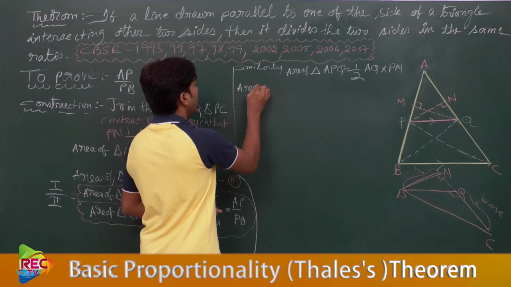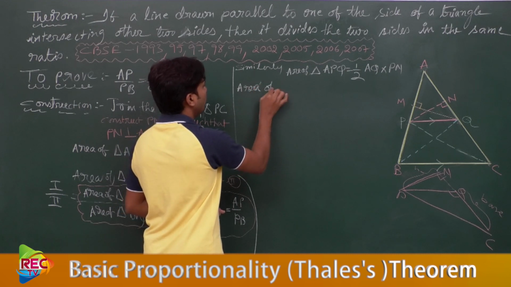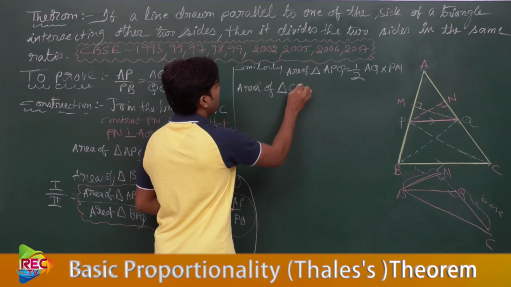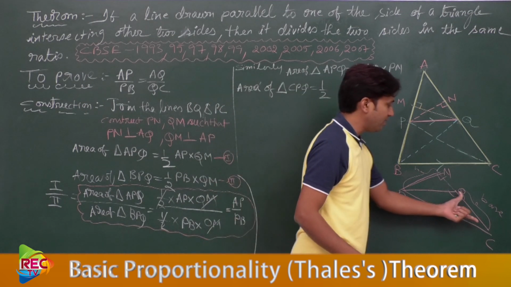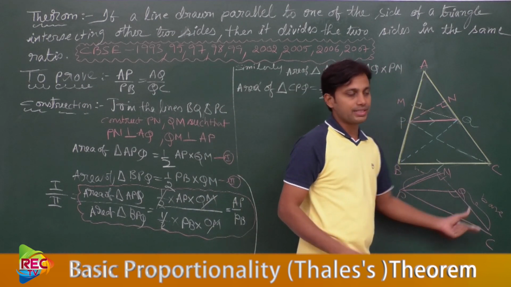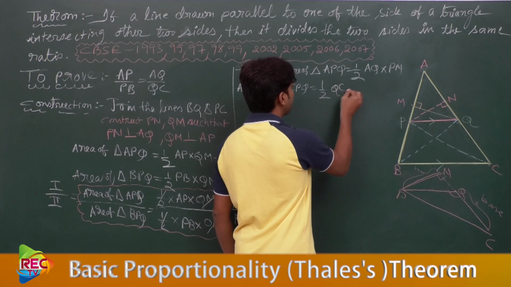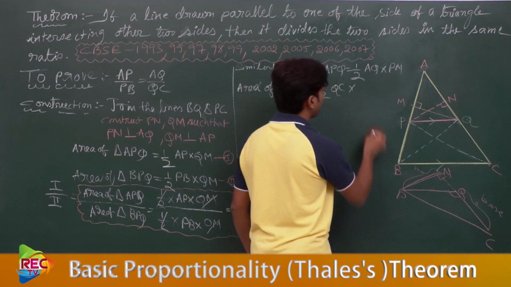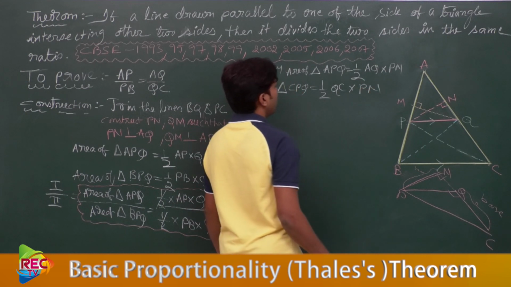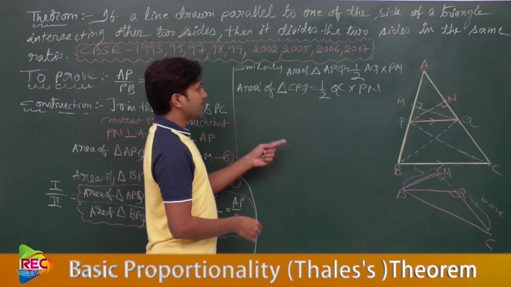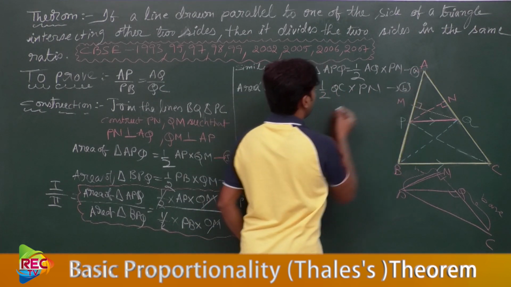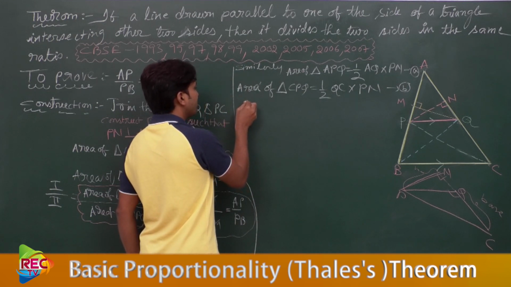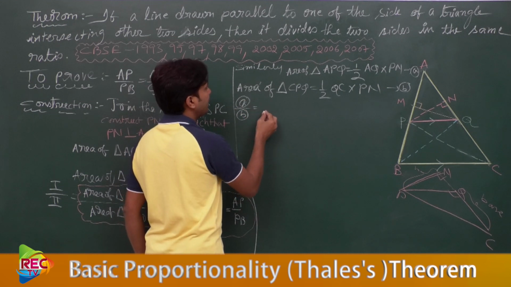Yes, area of triangle CPQ is half into base. What base did we consider? Here we considered QC as the base, into the height PN. Now again divide these conditions. Let this condition be A and this condition be B. Now divide A by B. Condition A by condition B. Then what do we get here?